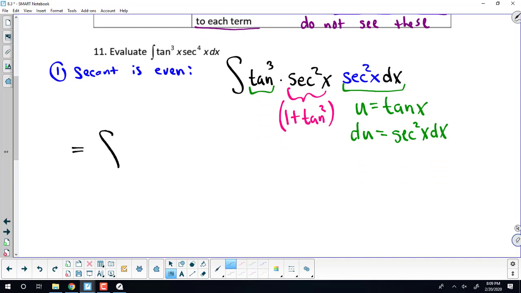So we have the integral of tangent, oh sorry, this is tangent x cubed. That's going to be our u cubed. We've got 1 times 1 plus tangent squared. So that's times 1 plus u squared. Secant squared x dx, again, that was just du. So like the ones with sine and cosine, you just end up with sort of this polynomial in terms of u.